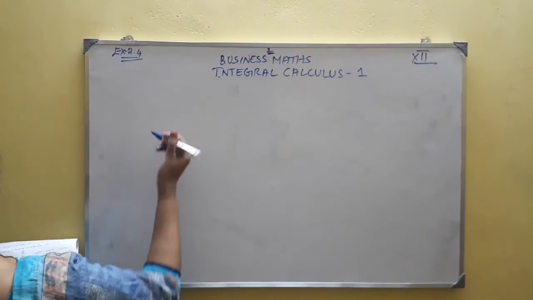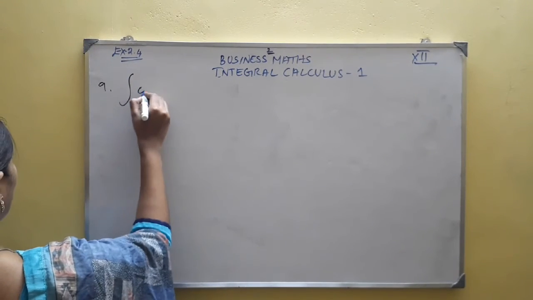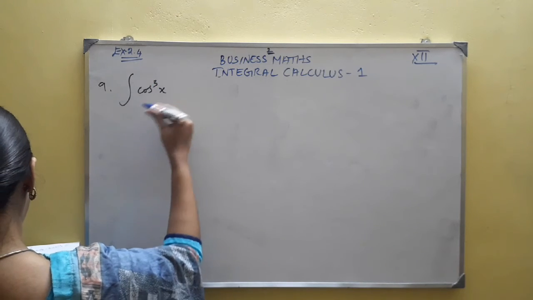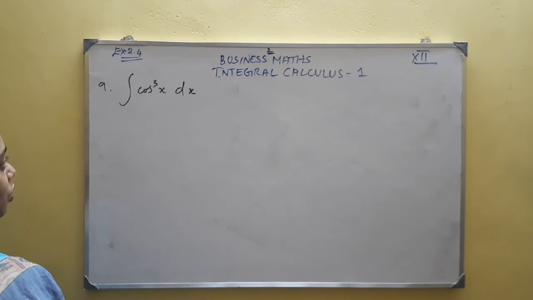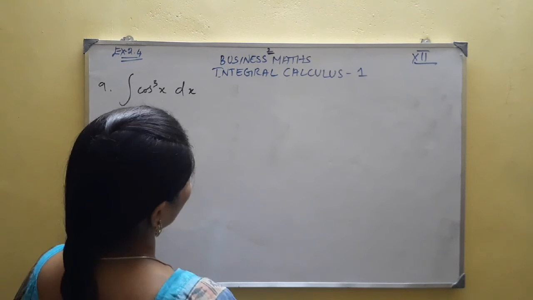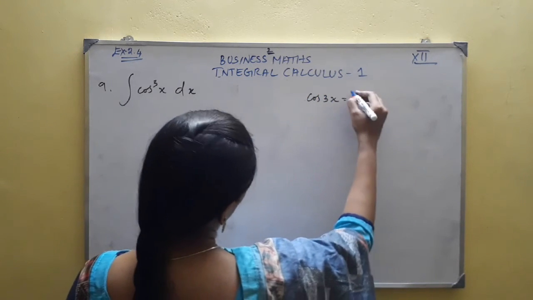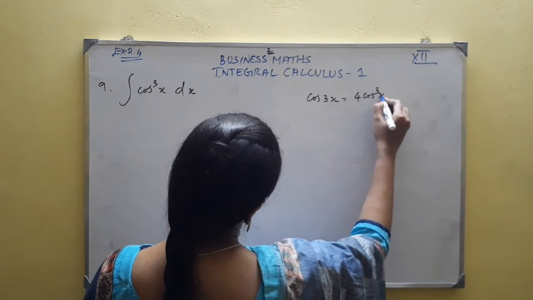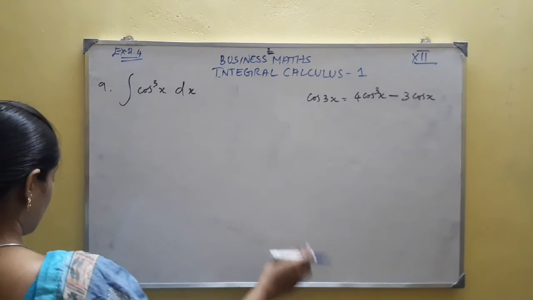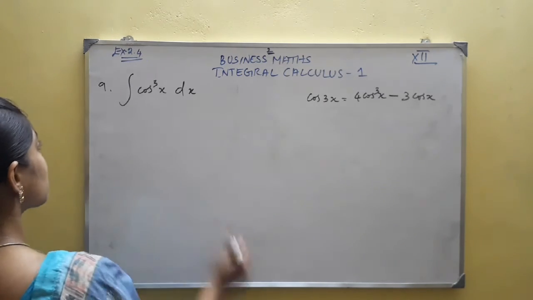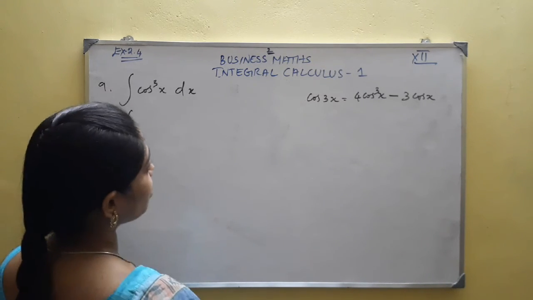Okay, so now ninth problem, integral cos cube x into dx. You want to find integral cos cube x dx. I give you the cos 3x formula. Cos 3x formula is 4 cos cube x minus 3 cos x, because I don't want higher power for my trigonometric function.